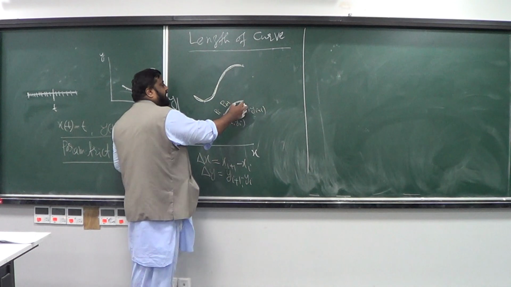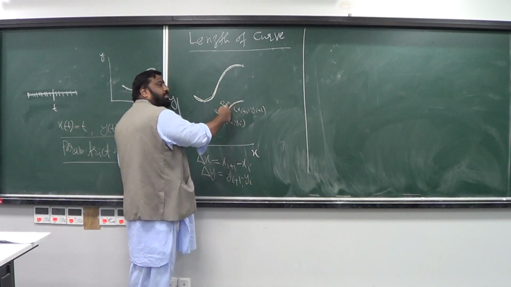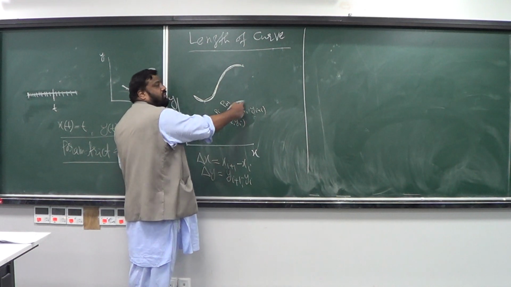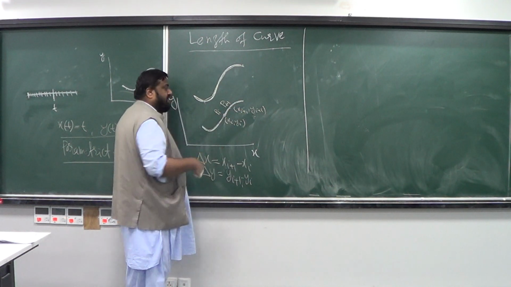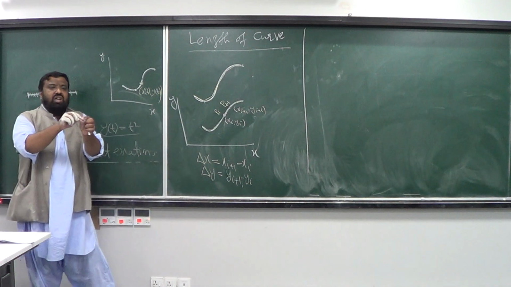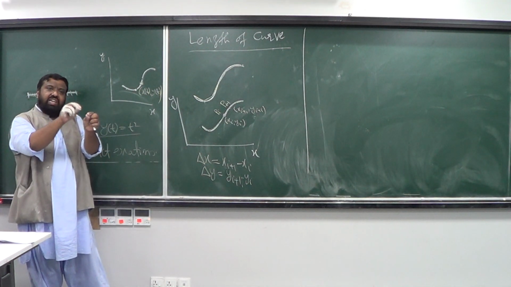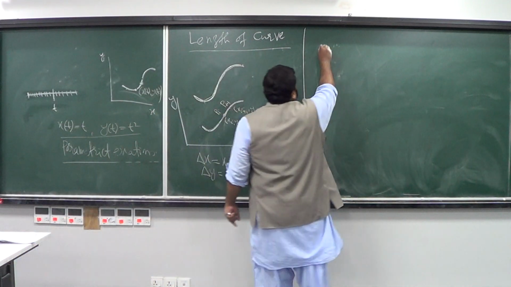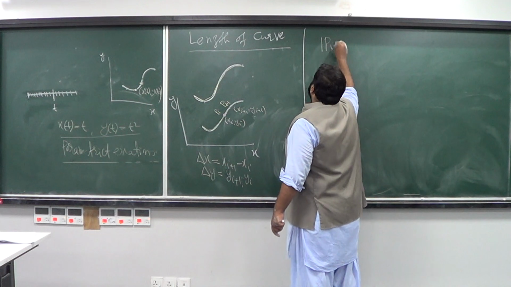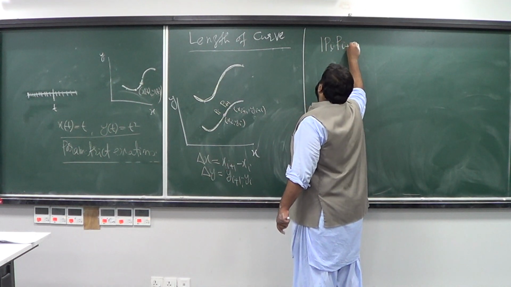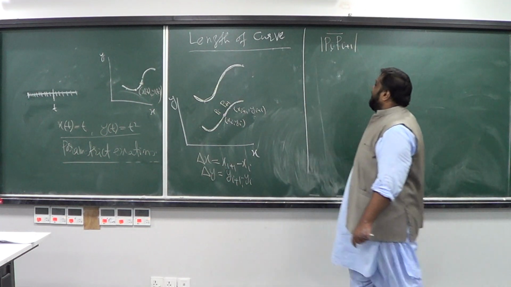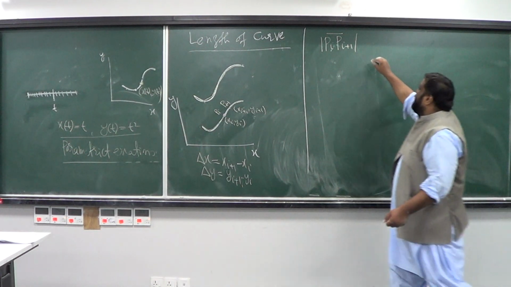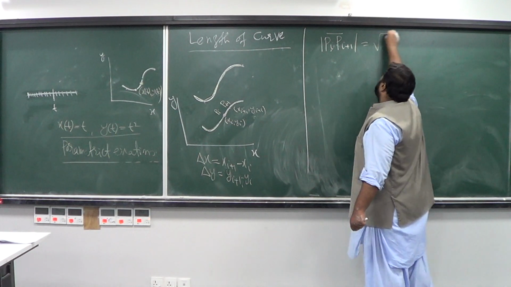So in other words, you take these two points and the difference of x coordinates is always delta x, and the difference of y coordinates is always delta y. In other words, all these segments have equal length. The question is, what would be the length of this segment from pi to pi plus 1? In order to compute the length of any segment, you need to apply the distance formula.